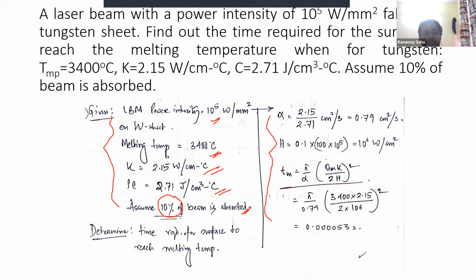Using the given variables, they have told you to use 0.1, that is 10%. So 0.1 of the total power intensity given to you, that is 10 to the power 5. This becomes your total intensity.